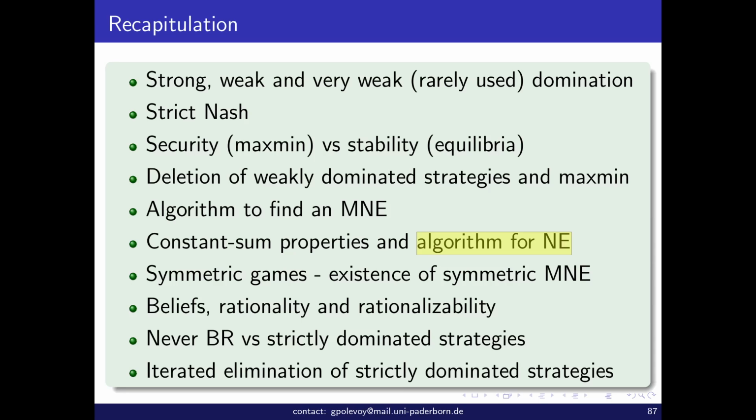This is, by the way, a very famous theorem. I think it can be attributed to von Neumann. It's very similar to strong LP duality, but for us, it's just max min equal to min max.